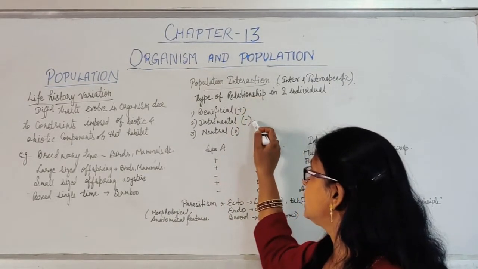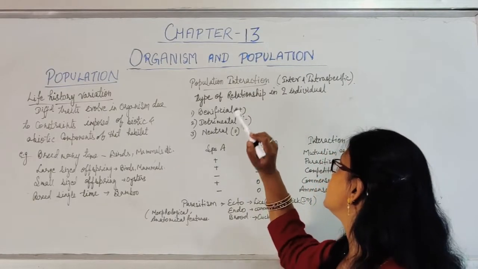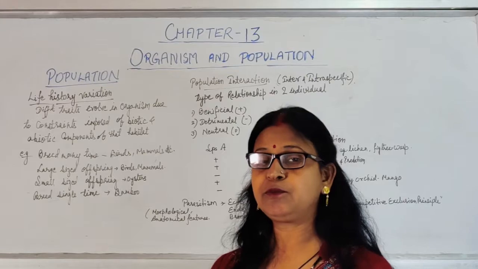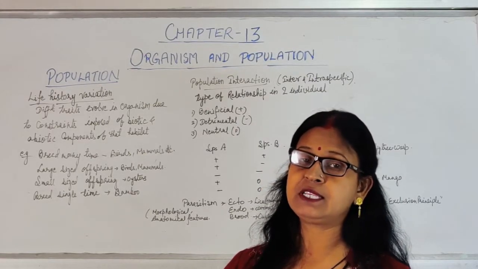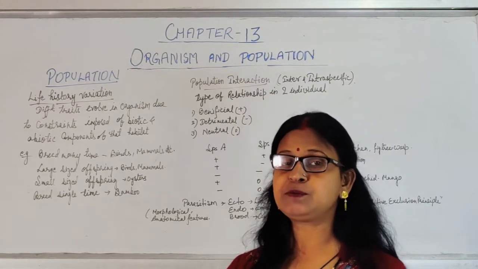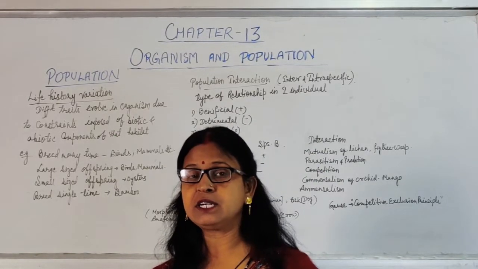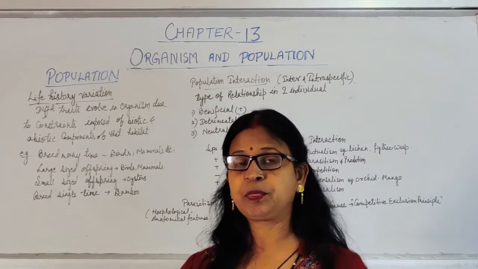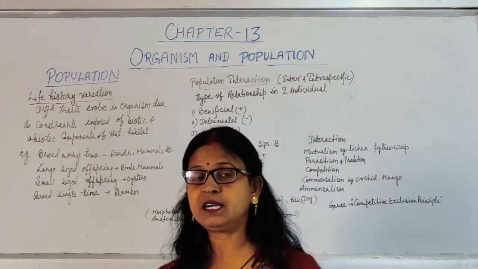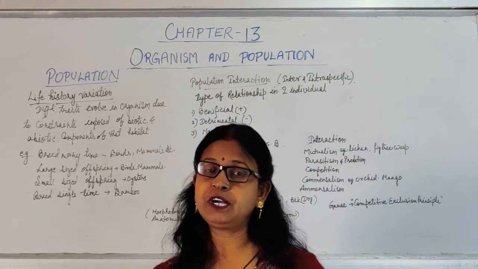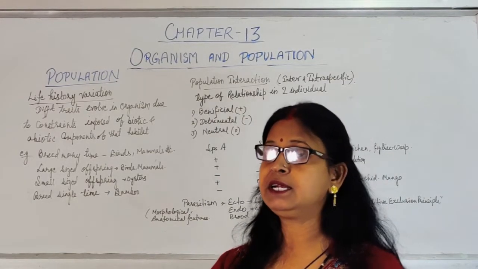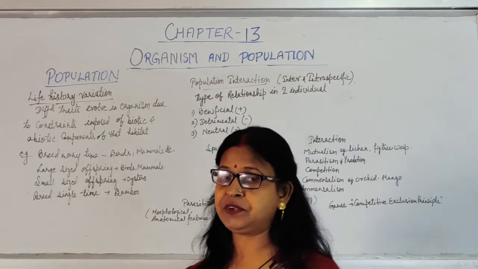Depending upon that, there are three types of relationship, and this interaction occurs in two types, intraspecific and interspecific. Intraspecific means the interaction occurs among the same species. When the interaction occurs between two different species in a particular locality or habitat, it is known as interspecific.